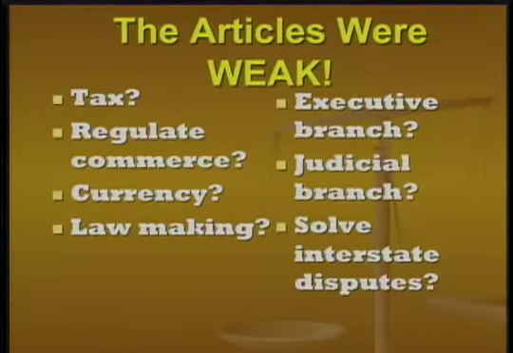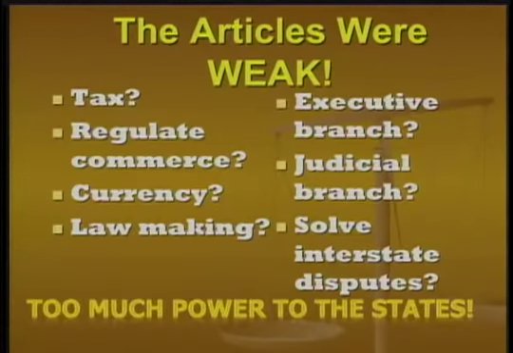As you can see, the Articles of Confederation had too many weaknesses. It was impossible to get this document amended, as any amendment would require all 13 states to agree. It was time to try again. Too much power was given to the states, not enough power to that central government.